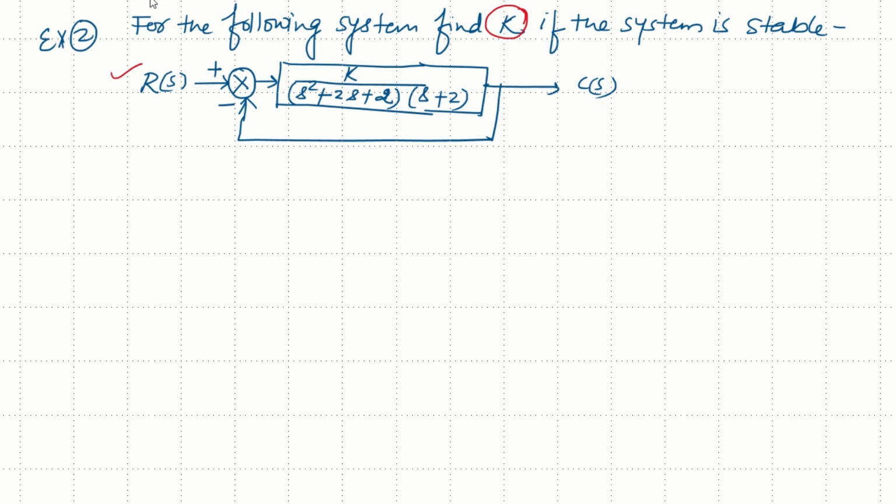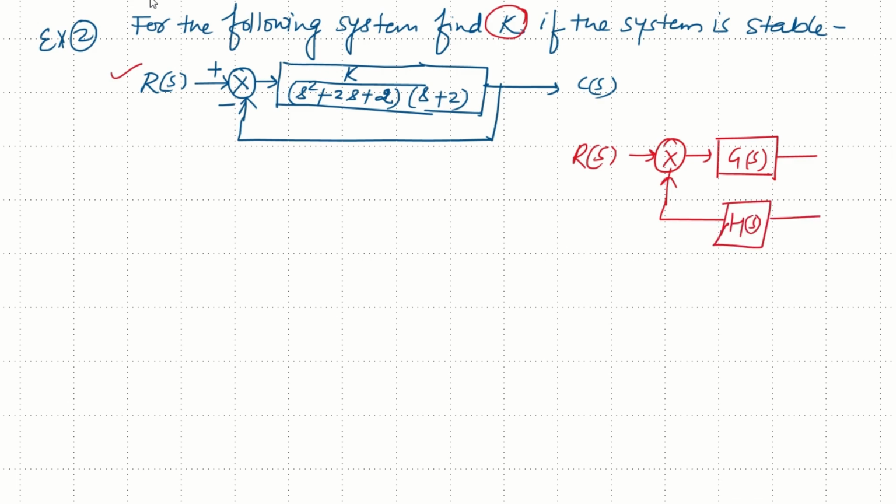Now, if you remember the general closed loop system, this is G(s) and this is the feedback gain H(s), and this is the output C(s). So this is the general block diagram of a closed loop system.